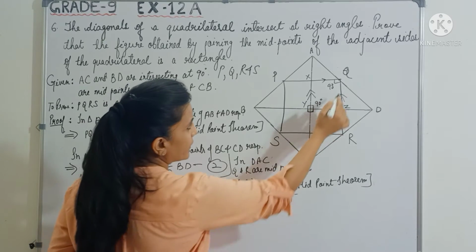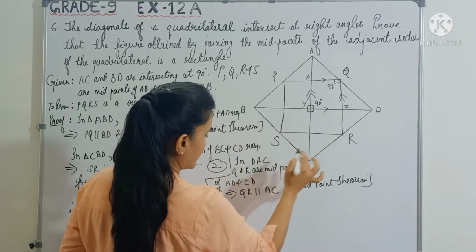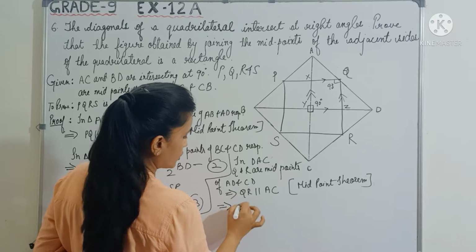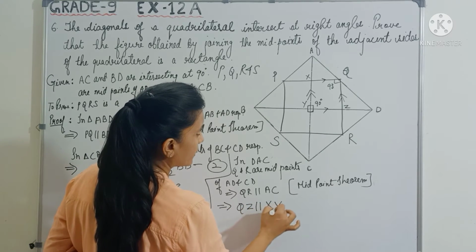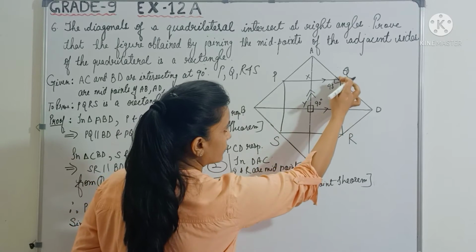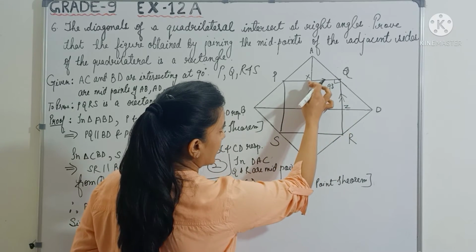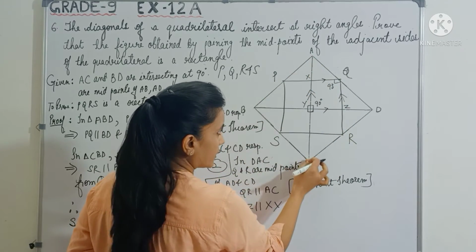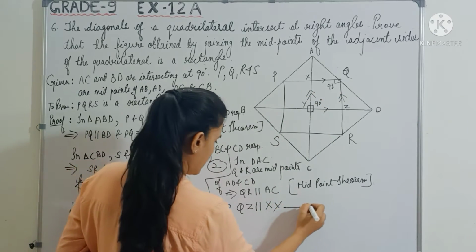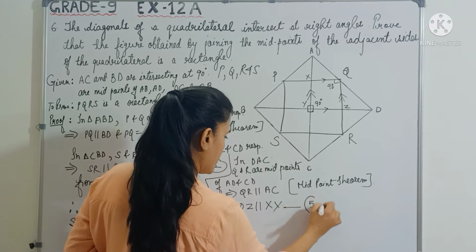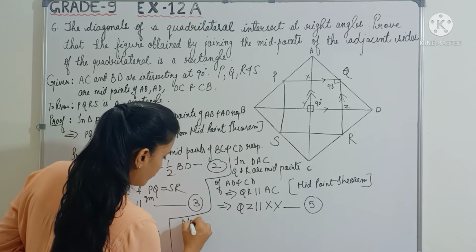Now since QR is parallel to AC, can I say that QZ is also parallel to XY, right? Because QZ is a part of QR, right? And XY is a part of AC. So even they will be parallel to each other, right? So let's name it 5. Now from 4 and 5.